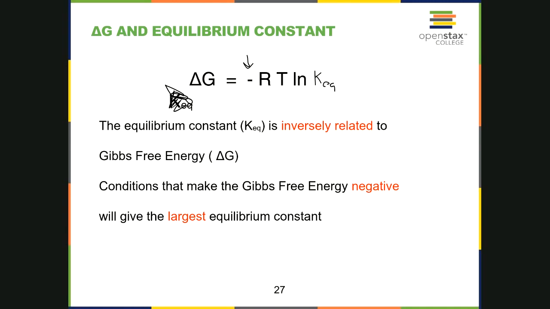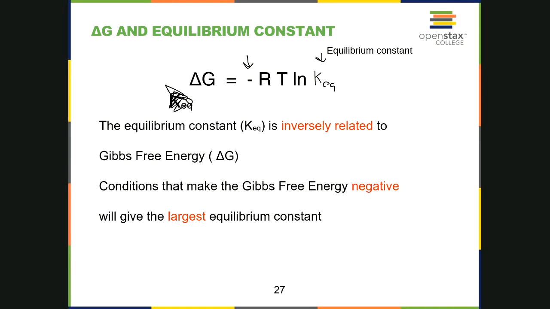That's the gas constant, that's the temperature in Kelvin, that's natural log, and then over here that's the equilibrium constant. So, going back to a previous chapter, that is the equilibrium constant for a reaction.